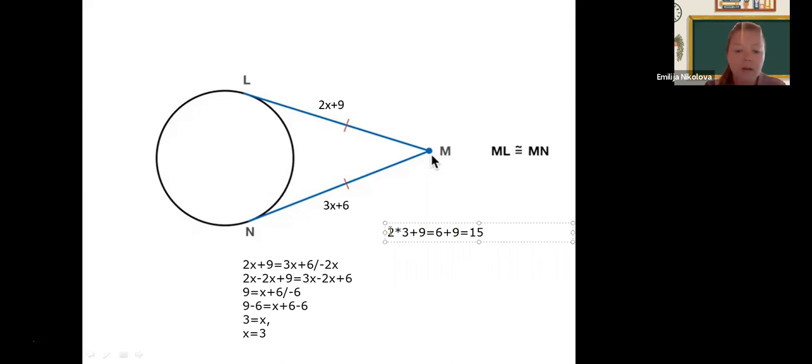That's the length of MN. So the length will equal 15 centimeters, if we say that this is in centimeters. It's not written, but anyway. So MN will equal 15 centimeters. The same will be the length of ML, because as we said, they're the same.